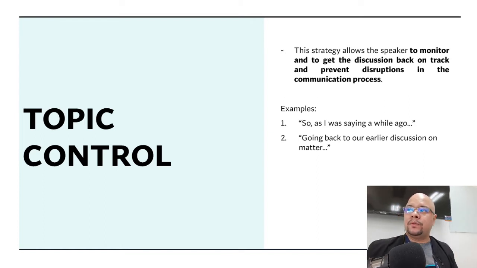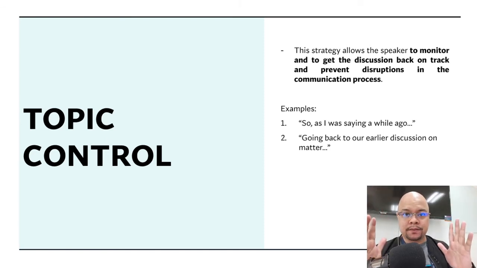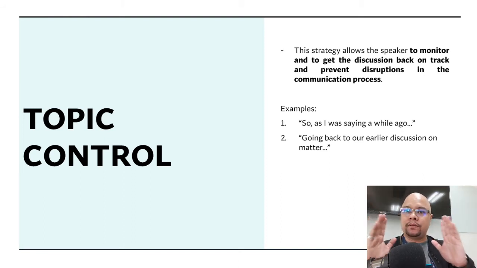So when we say "I'd like to go back to our topic," or "Let's go back to what I was saying a while ago," that is an example of topic control. You're trying to keep the conversation aligned with the topic that you have set. So if in the earlier discussion about restriction, the speaker is trying to limit the responses, topic control is a way to maintain the conversation.